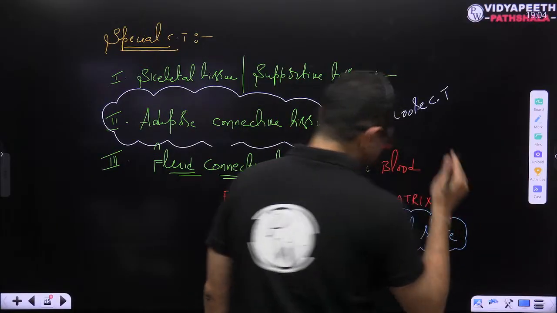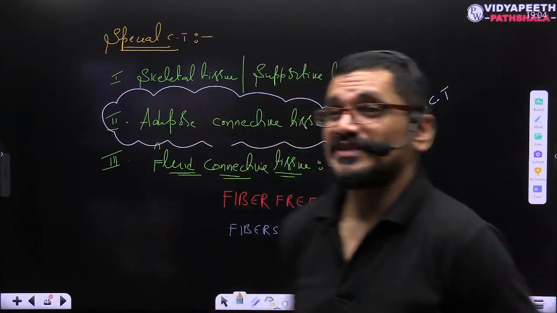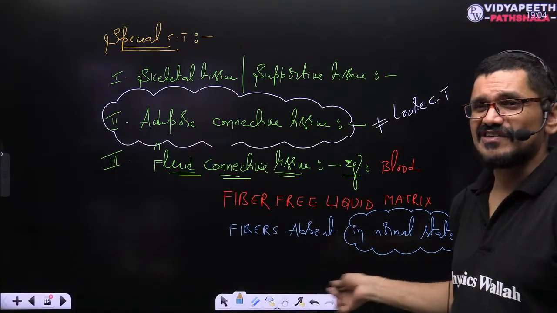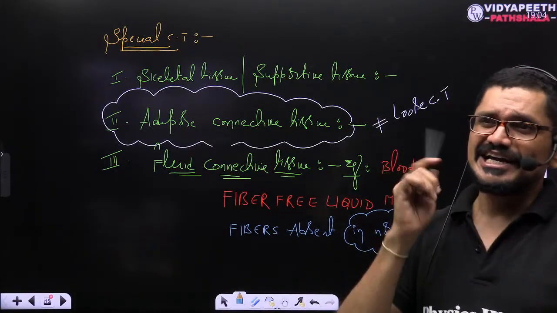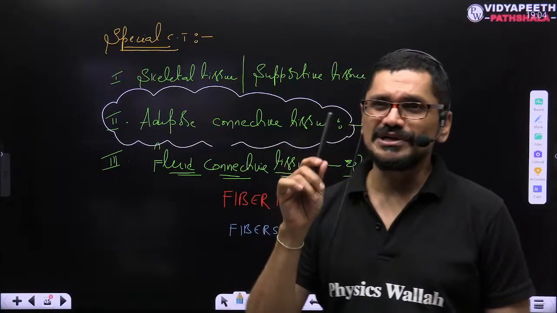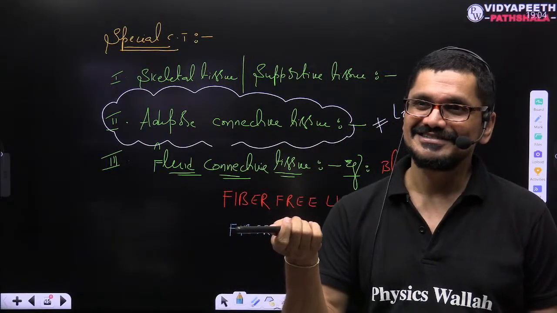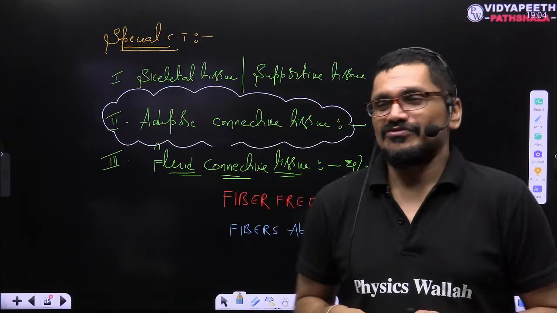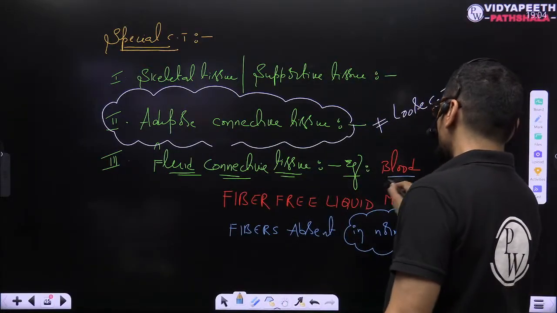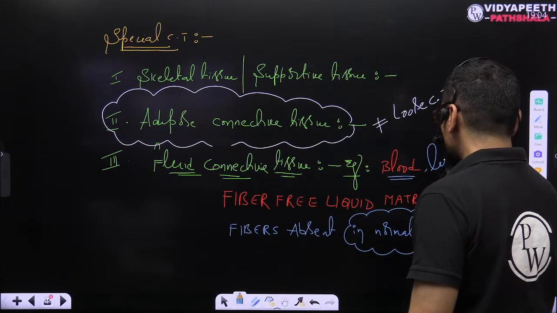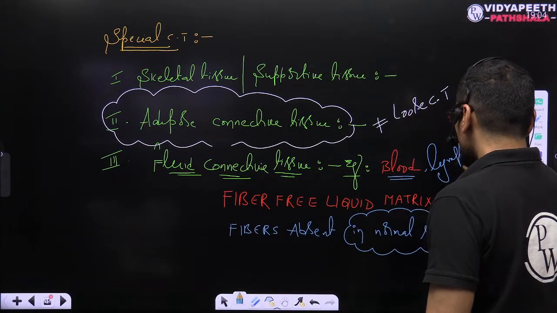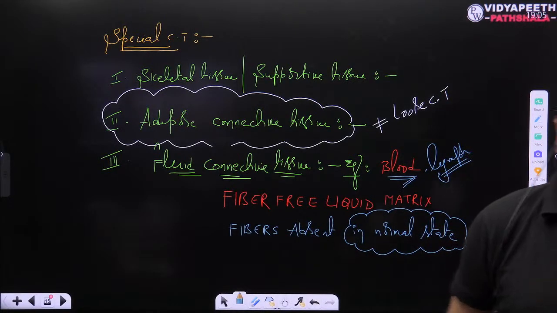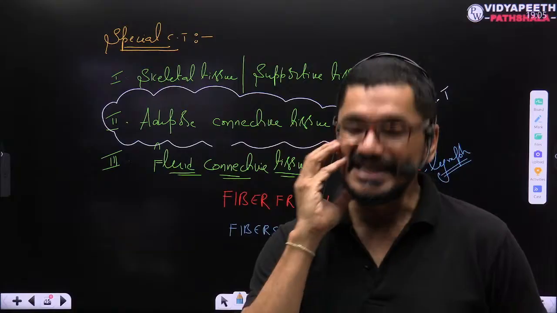There is a small twist in this story. Fibers are absent in the normal state. What is this normal state? It means, can we see the fibers in an abnormal state? I have written blood here, and I can write lymph also. Blood and lymph are the fluids present in the body. Listen to the important point here.